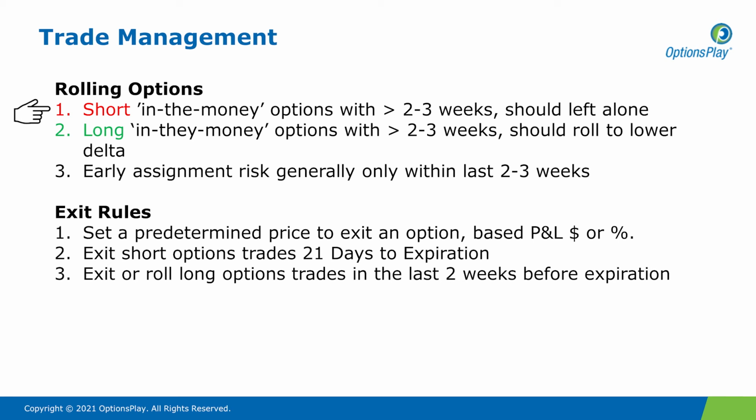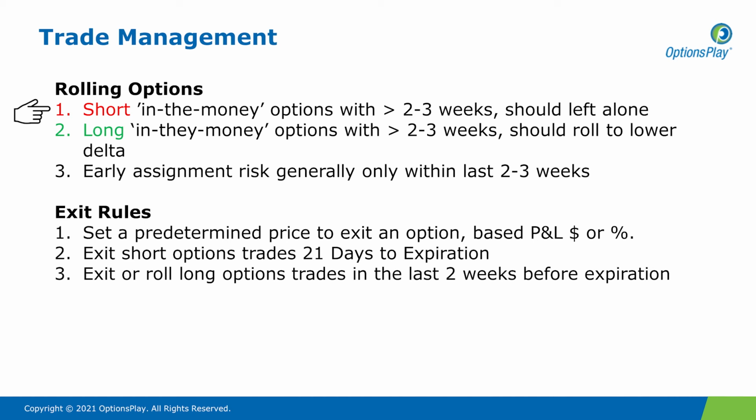So what you should do, generally speaking, is that when an option becomes in the money, you don't have to do much immediately. But if the option that you've sold is in the money in the last 2 to 3 weeks before expiration, as you get closer and closer to expiration, that's when you want to start rolling it, meaning buy back the short leg that you're currently in the money in, and look at selling a new out of the money call or put against that.